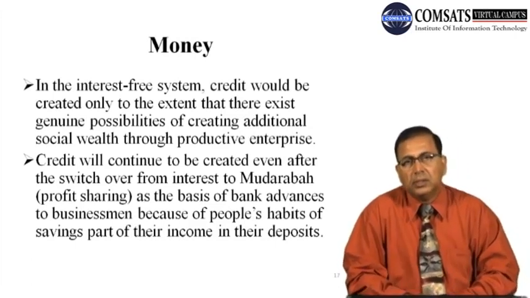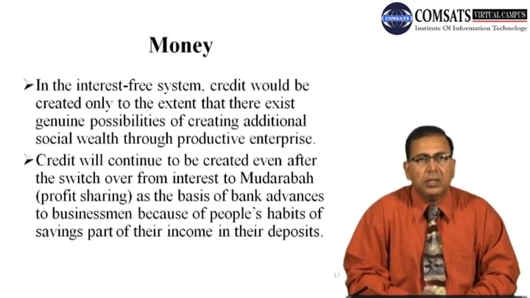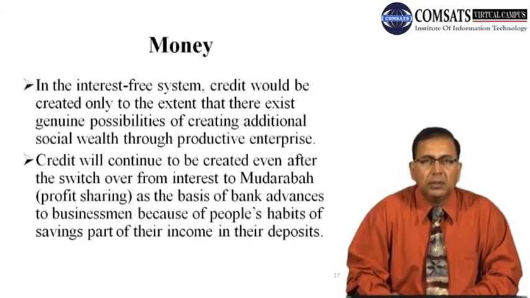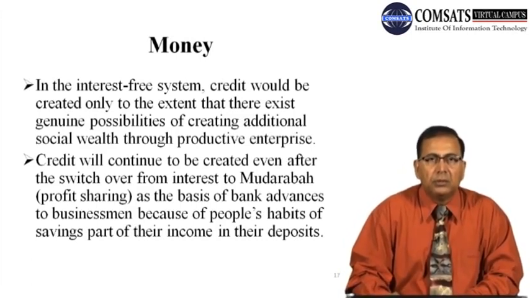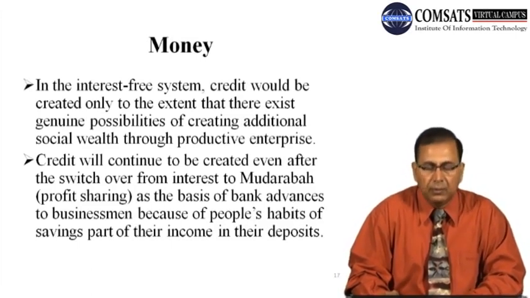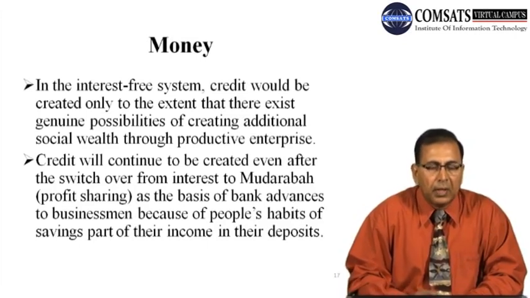On one side, they will be dealing with the depositors. On the other side, they will be dealing with the investors. So in this two-tier system, definitely the fluctuations can be controlled, because on every stage the assets are on the back of investment or the creation of credit.